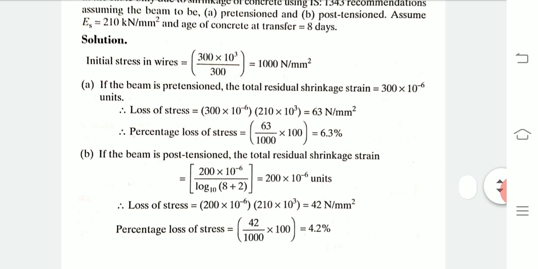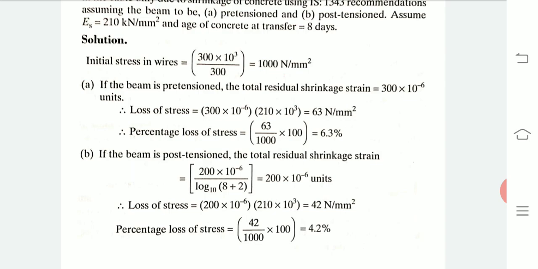So here we can see that if the beam is pre-tensioned, we are getting a loss of 6.3%, whereas if the beam is post-tensioned, we are getting a loss of 4.2% of the given stress.